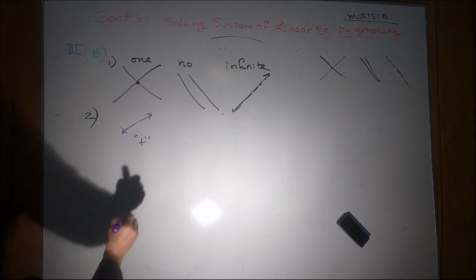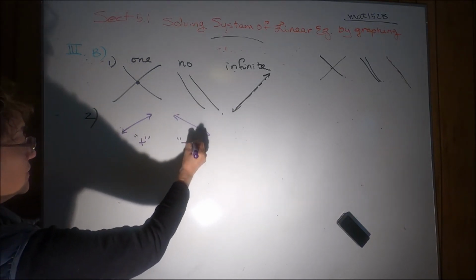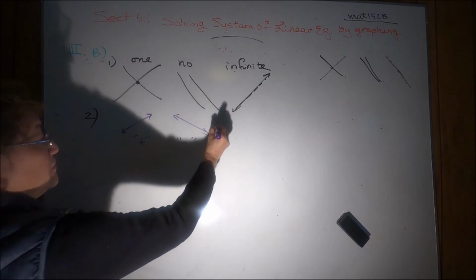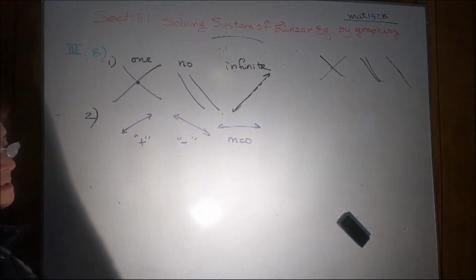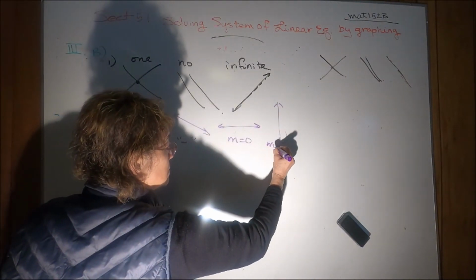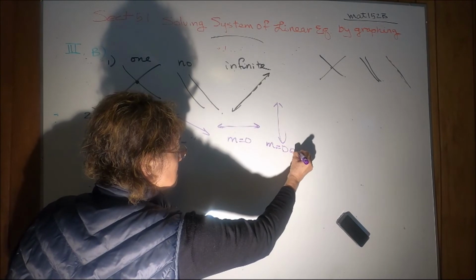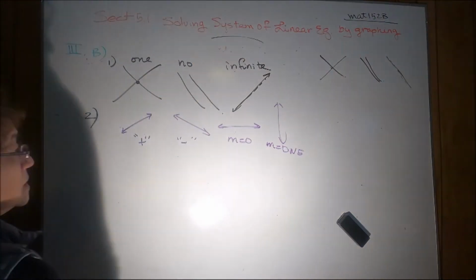Positive. If it goes down, slope is what? Negative, right? If level, it means what? Slope is 0. Then if it's vertical, we don't have slope. Slope doesn't exist, right? Or undefined.